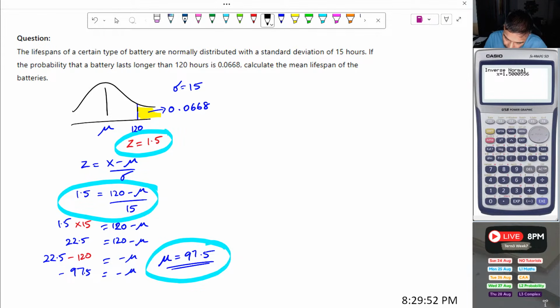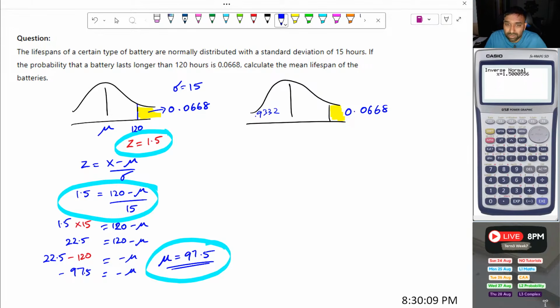But if I have the same graph there, and notice how this is 0.0668, then this is going to be 0.9332. Yeah. So this 0.9332 is going to be this entire orange part there.